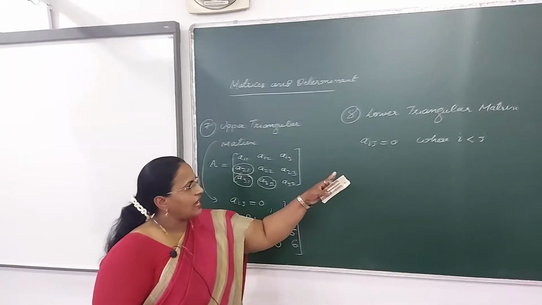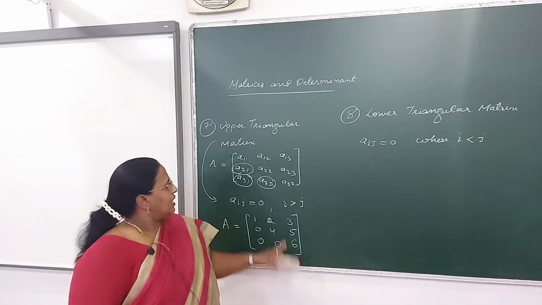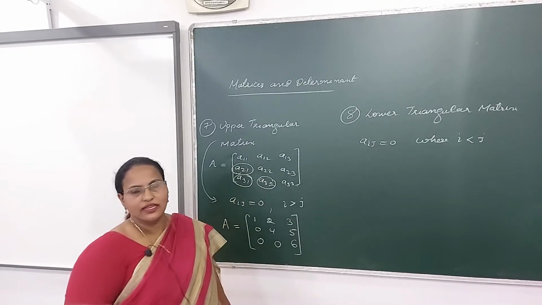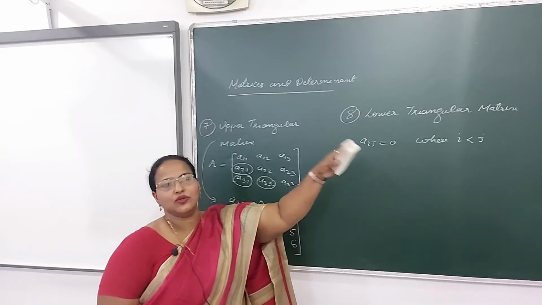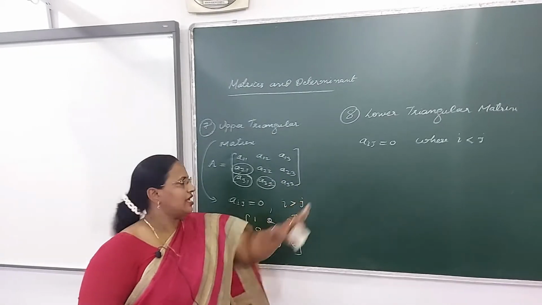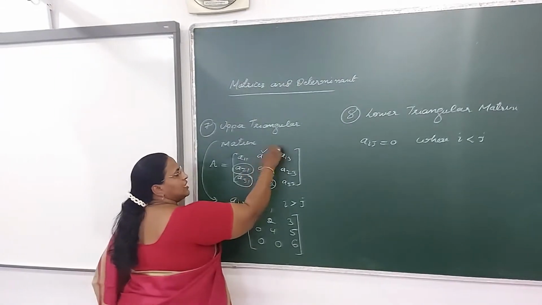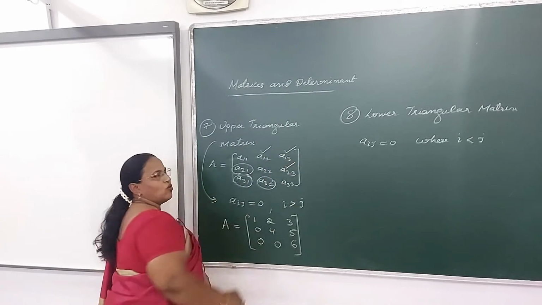In this particular structure, the position of row is less than the position of column, i less than j. That means all these values are 0.